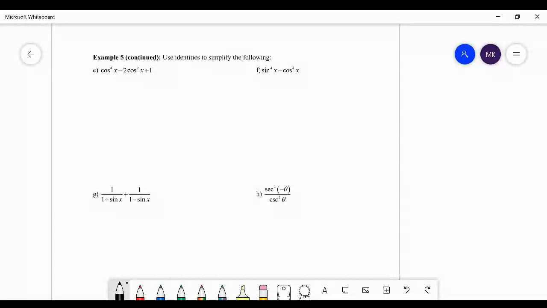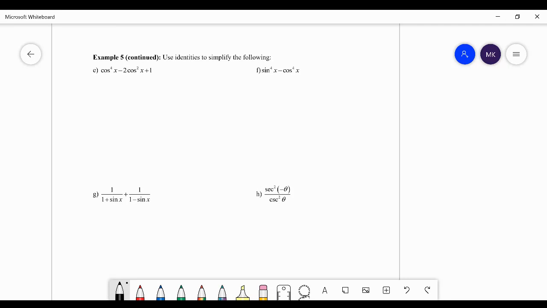If you're weak with those, be patient with yourself, and if you need to, seek out tutoring help, either from me or from the tutoring center, and we can make this work. So: cosine to the 4th x minus 2 cosine squared x plus 1.